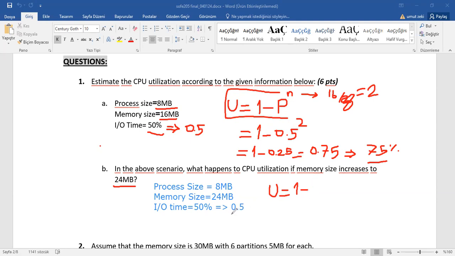So N is 3, and P is 0.5, the same. So 0.5 to the power 3, the cube of 0.5, should be 0.125. So 1 minus 0.125.